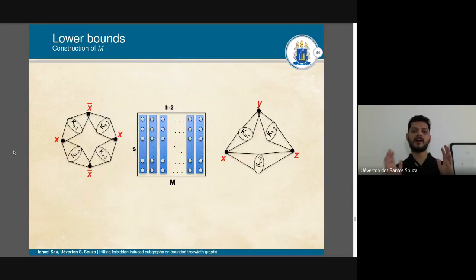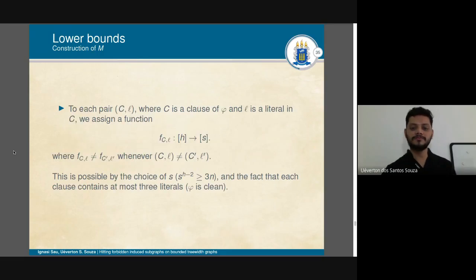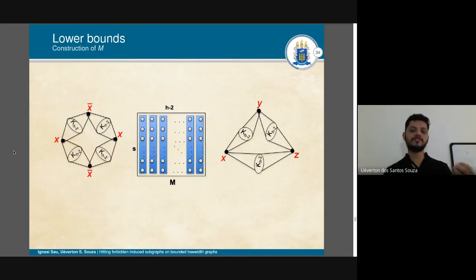Then we have the three main kinds of vertices that we need. And also we just need to describe how the vertices of the variable and the clause vertices are connected, using M as an auxiliary gadget.